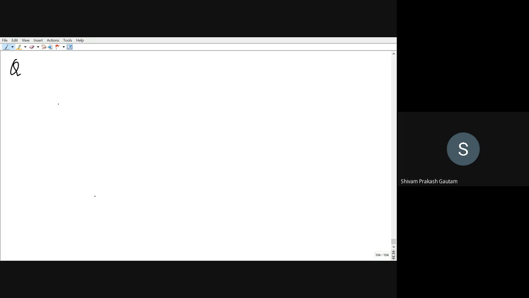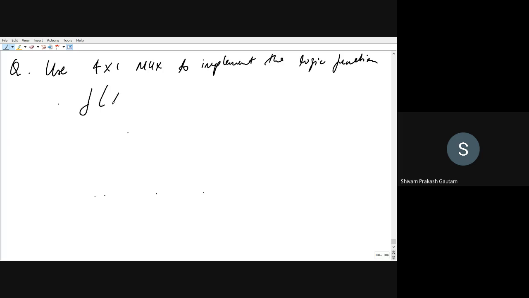So our next problem is: use a 4x1 multiplexer to implement the logic function whose minterms are provided to you.